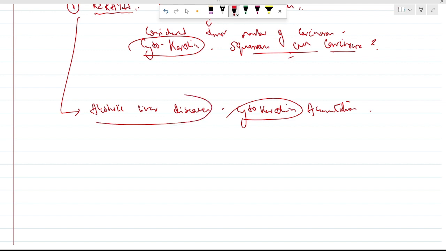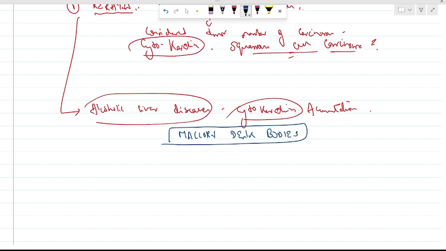In alcoholic liver disease, there is cytokeratin accumulation in the form of these specific structures called Mallory-Denk bodies. It's an important pathological finding while diagnosing alcoholic liver disease.